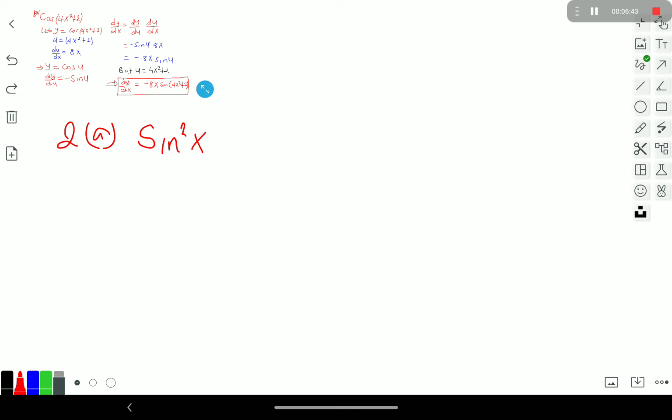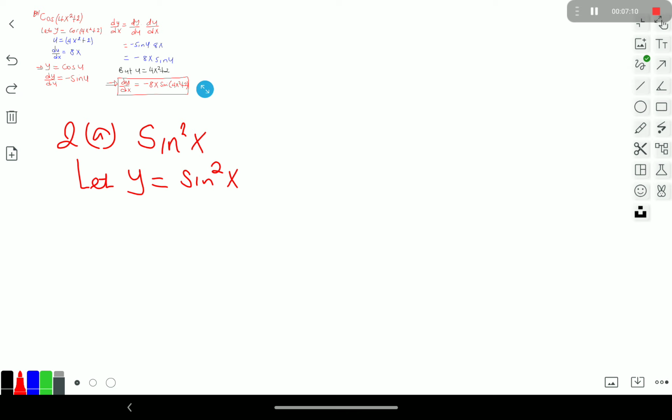So we shall again say that y is equal to sin squared x. Then from this one it has two different ways of solving it. We can use double angle formulas, or we can use chain rule, and then still get the answer.